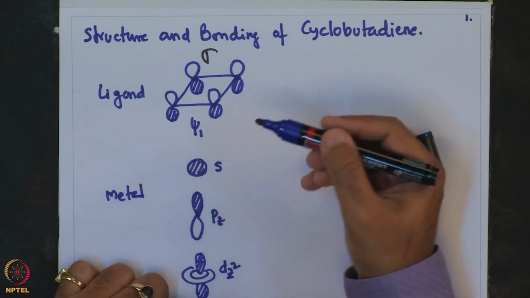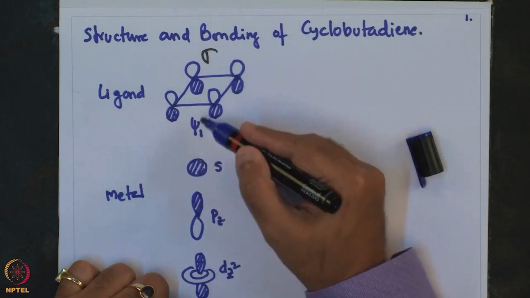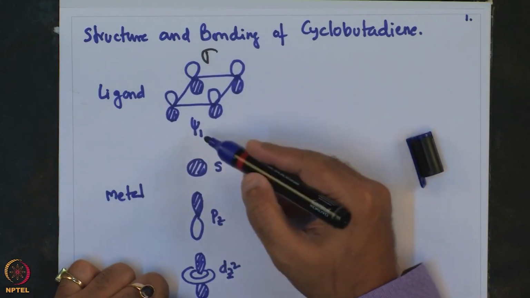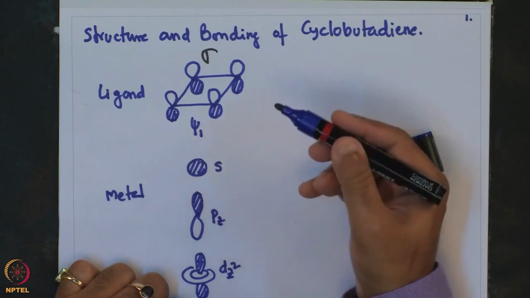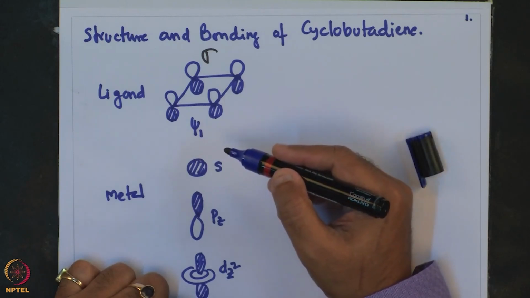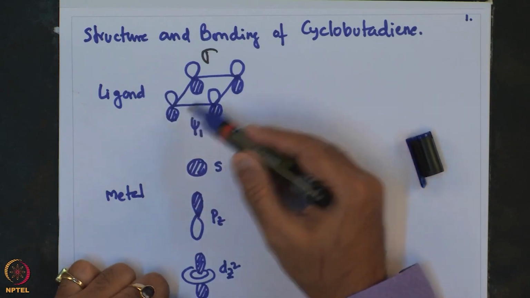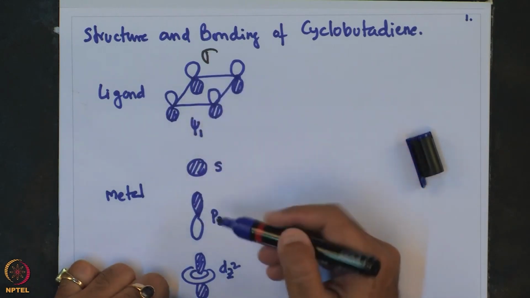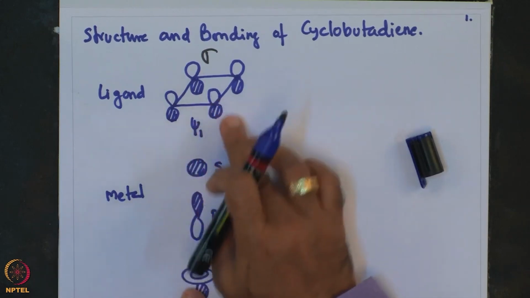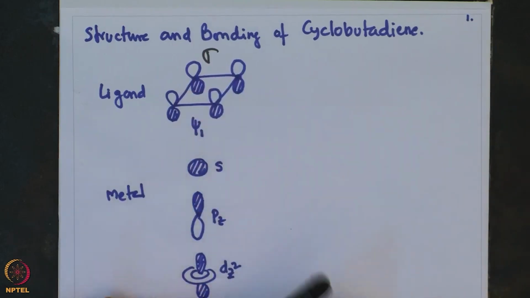If you look at the overlap that would occur between an s orbital and this bottom face of the ligand orbital, you would see that they would form a sigma bond, and by definition the maximum electron density resides on the internuclear axis between the ligand and the metal interacting atoms. The same sigma bond can also be seen forming with pz orbitals or dz square orbitals, all moving up from the bottom face of this psi 1 ligand orbital.